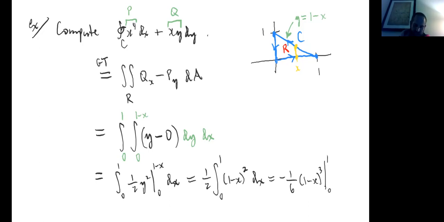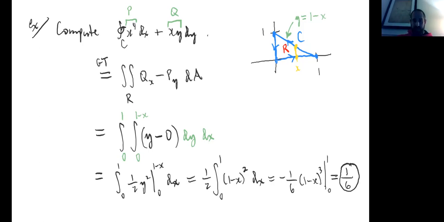If I plug in 1, I get 0, and it's minus negative, which is positive 1/6. So we get 1/6. That's a pretty nice little fact right there, don't you think?